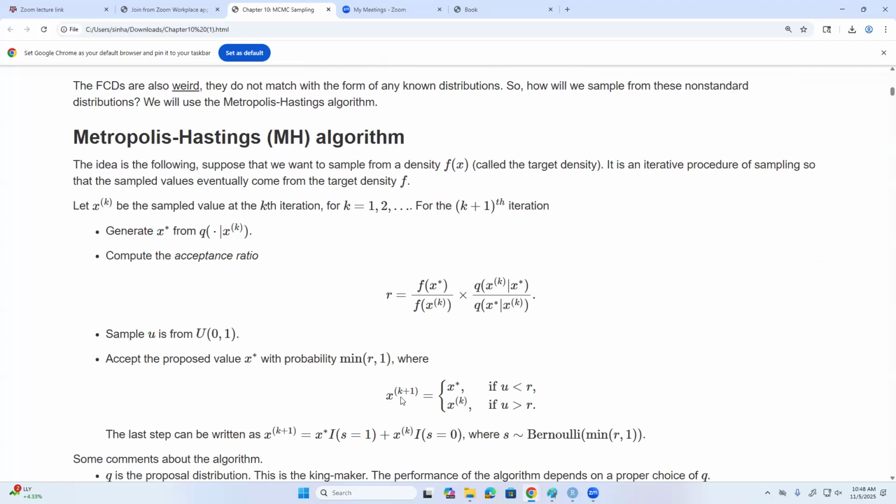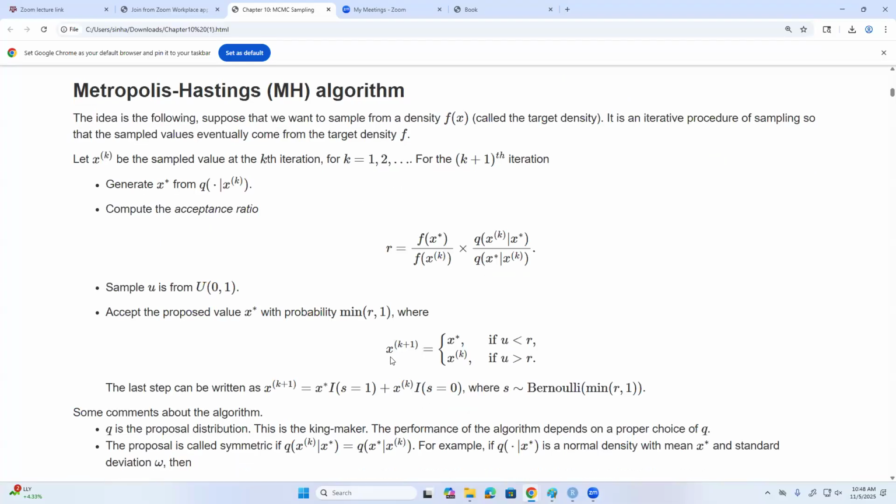Otherwise, you set Xk plus 1 to be Xk, its original value. So notice at the last step, the K plus 1th iteration value would be the previous iteration value, Xk. It can be Xk or it can be the newly proposed value.